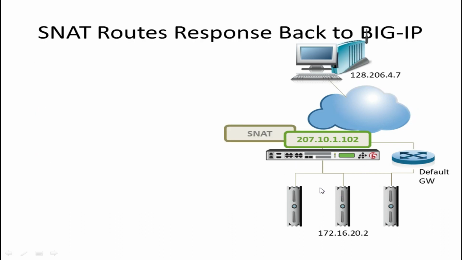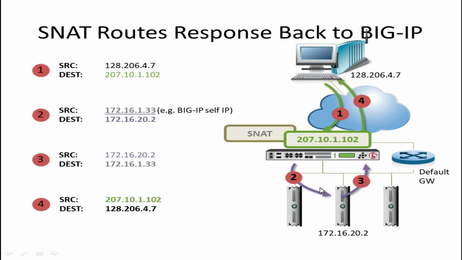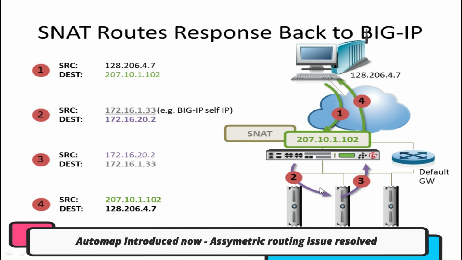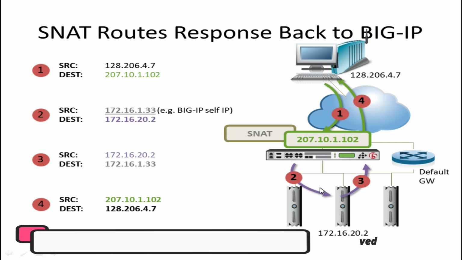Let us talk about how SNAT routes the response back to BIG-IP. How does SNAT resolve this issue? As you see in the conversation now, SNAT, secure NAT, is changing not only the destination IP but the source IP also.